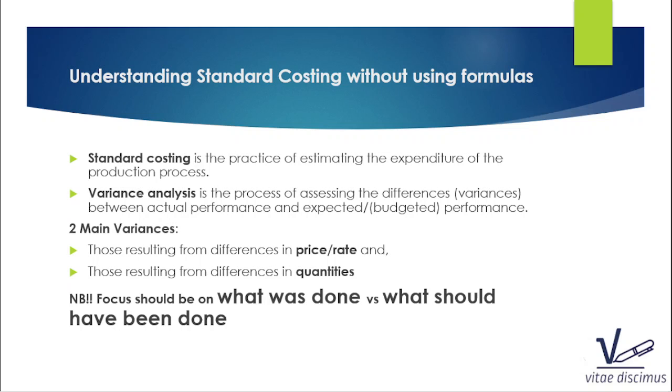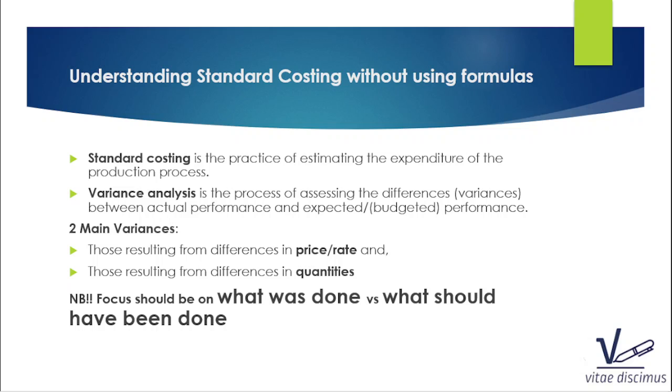Standard costing is defined as the practice of estimating the expenditure of the production process, whereas variance analysis is the process of assessing the differences between actual performance and expected performance.